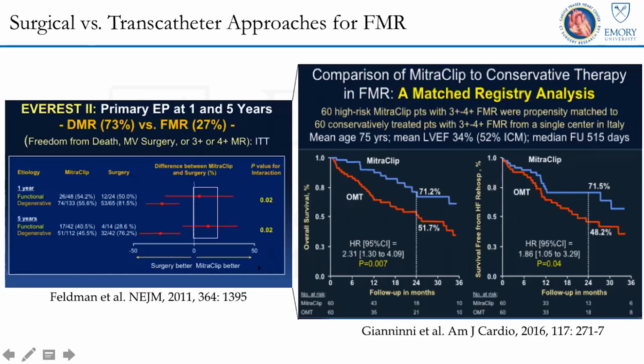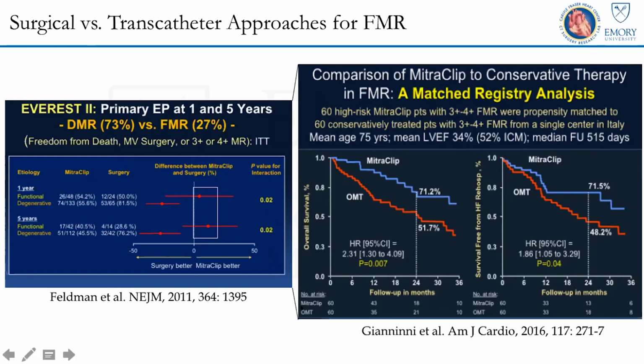When you look at the hazard ratios, in the patients who had degenerative mitral regurgitation, where everything else was normal with the heart and only the mitral valve was the problem, you see that surgery fared very well. Whereas when you look at the patients who received MitraClip therapy in the functional MR group, there seems to be some early indication that there may be benefit in correcting FMR in these patients using a MitraClip type of approach, which is a transseptal beating heart approach.